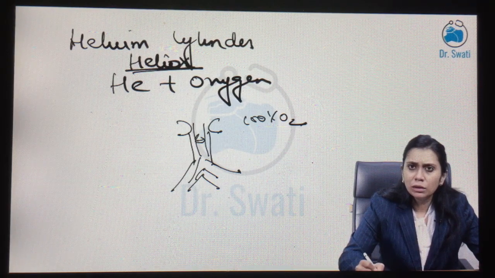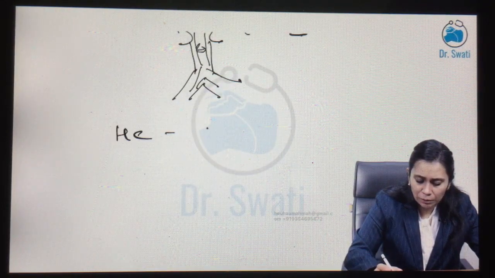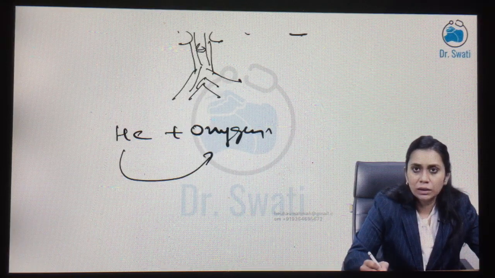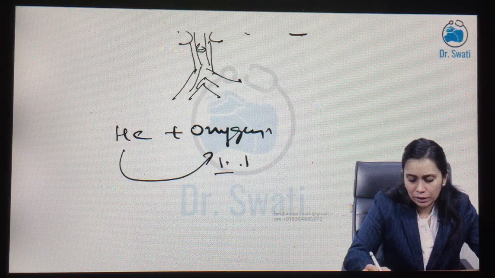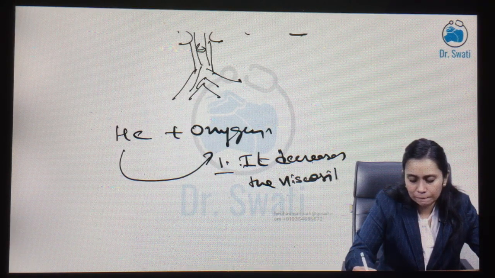So what do we do? We give heliox. What is the benefit of giving helium plus oxygen? Guys, helium added to oxygen has three very important roles. Number one, it decreases the viscosity of oxygen.